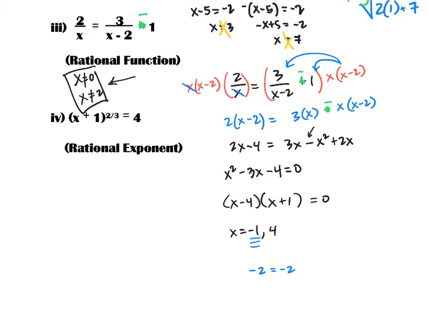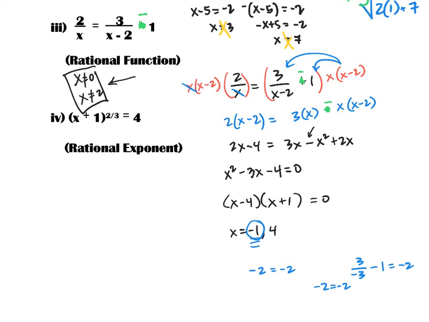On the right side, I would get 3 over -3 minus 1, which would be -1 minus 1, which is -2. Since those two are equal, then x equals -1 would be a solution. Okay, so it satisfies the equation.